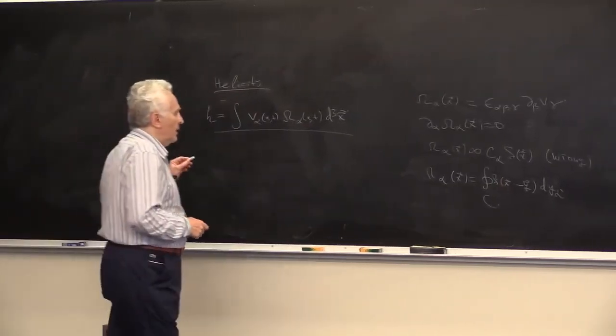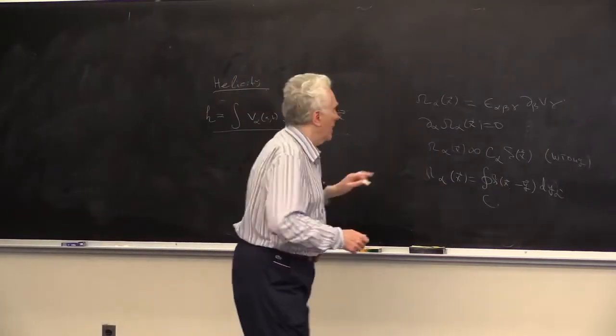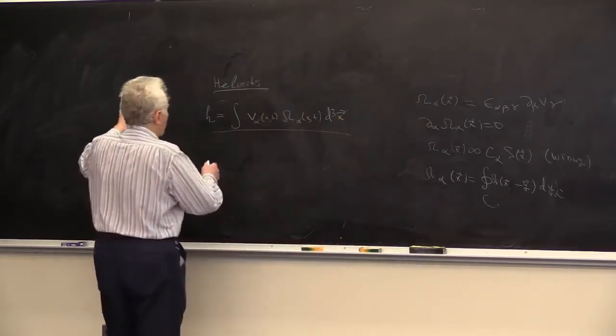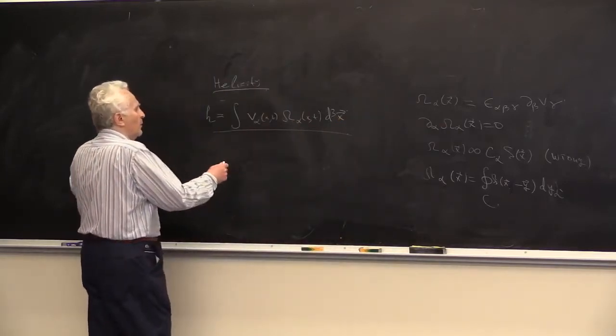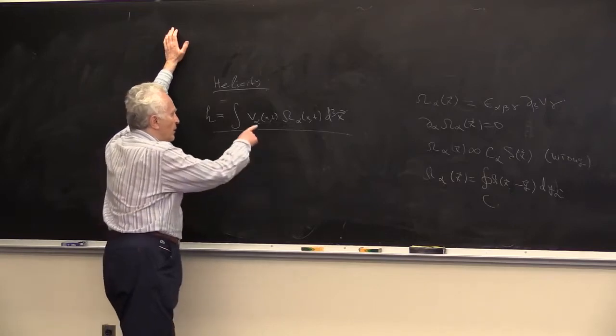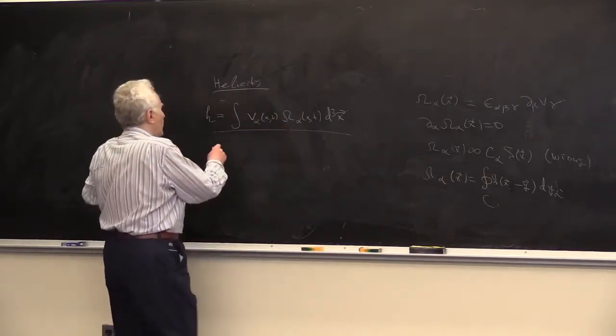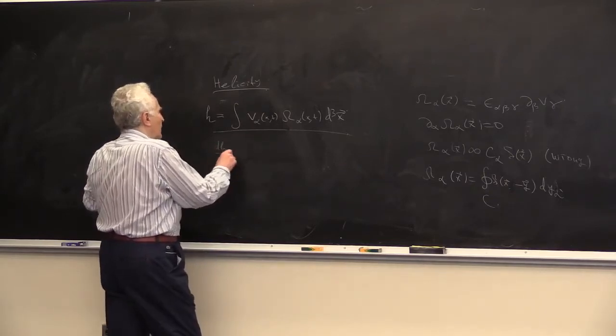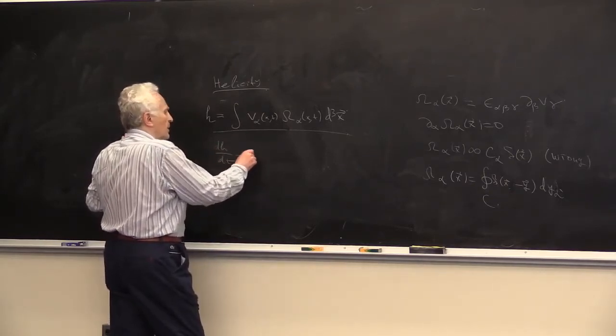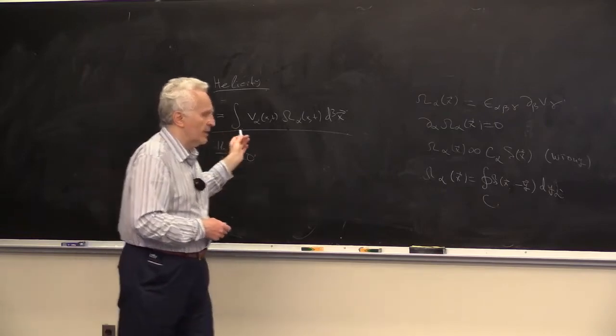Now, it's again a home exercise, not difficult at all, to prove that if you use the Euler equation for v and the vorticity equation for omega, which we derived, then dH/dt is equal to 0. So helicity is conserved.